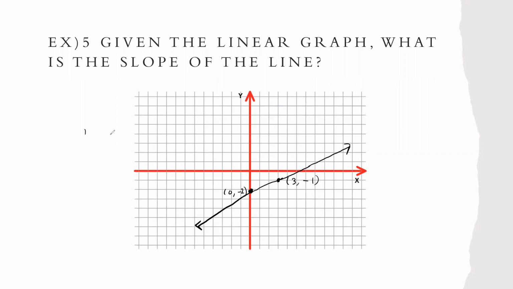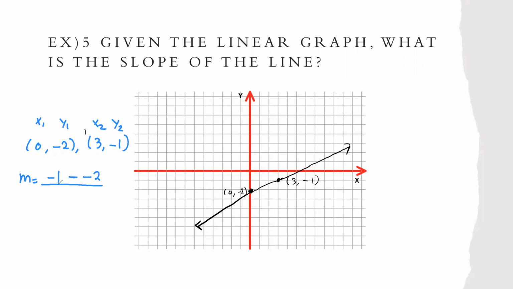So I'm going to pick 2 exact points on the graph, and the 2 exact points I'll use is the one given, 0, -2, and 3, -1. So label as x1, y1, x2, y2. So slope is y2, which is -1, minus y1, which is a -2.